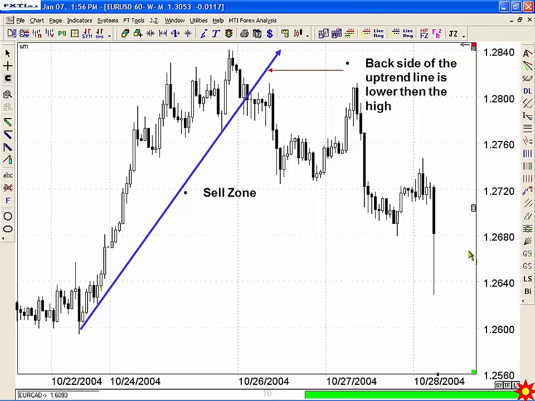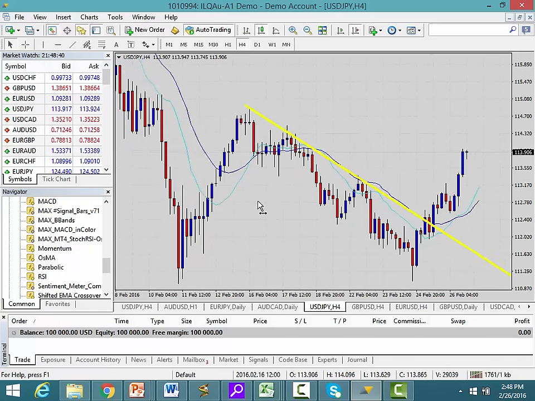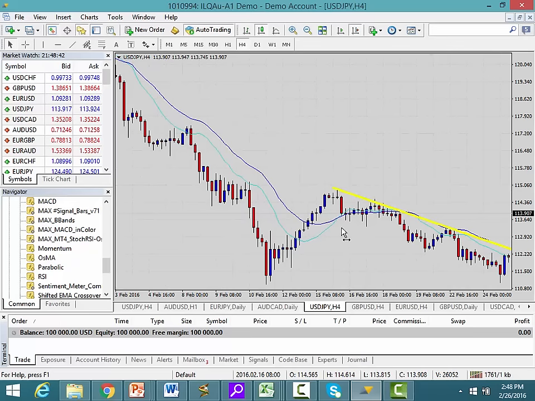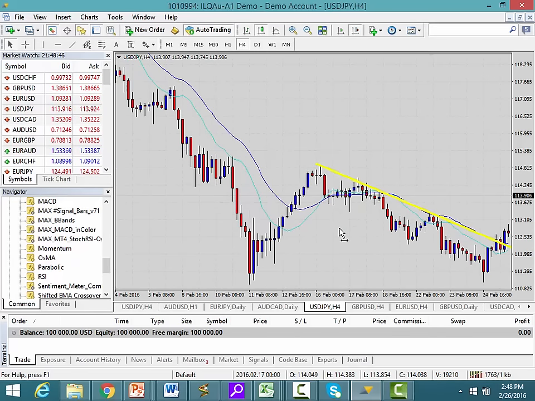Okay. So let's actually look at this in the live market. You can see right here on the 4-hour chart, and actually I'll draw this trend line right here. So you can see how it was going down, down, down, down, boom, broke out.